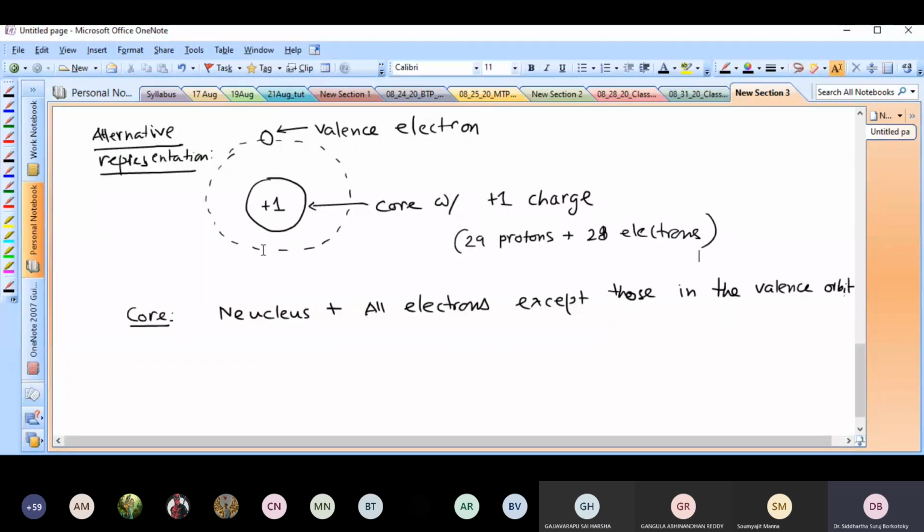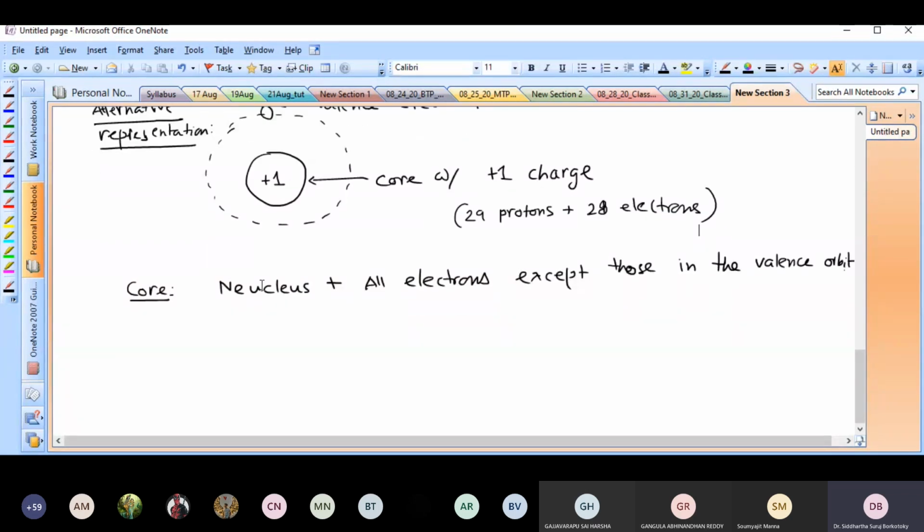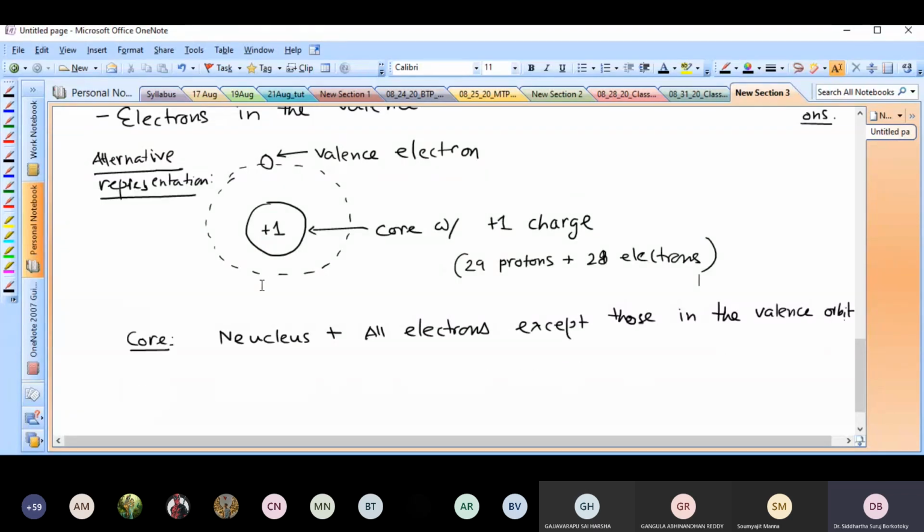Now, this sole valence electron is much further outside than the other electrons, right? So the amount of attraction that this electron feels is not that great, especially compared to the electrons towards the inside of the core. This valence electron is feeling a much lesser pull.